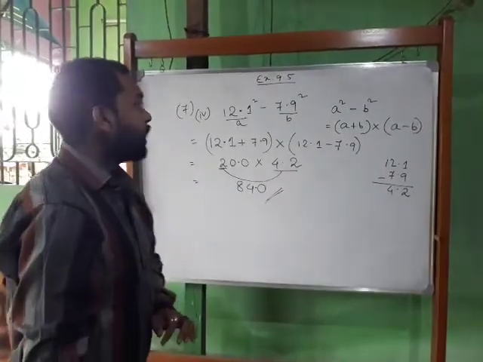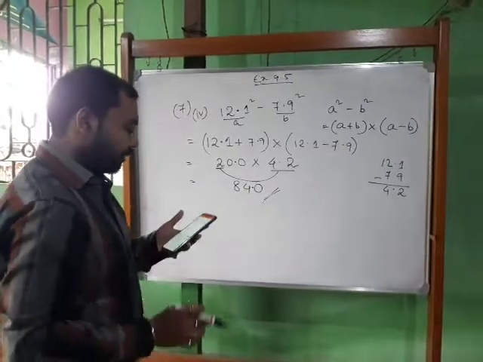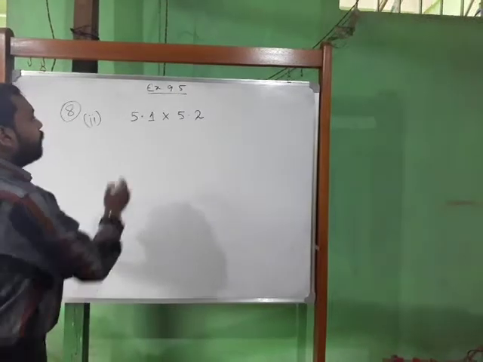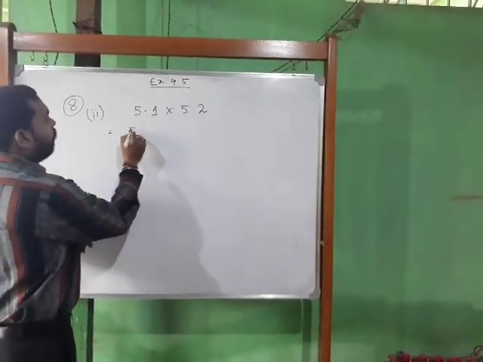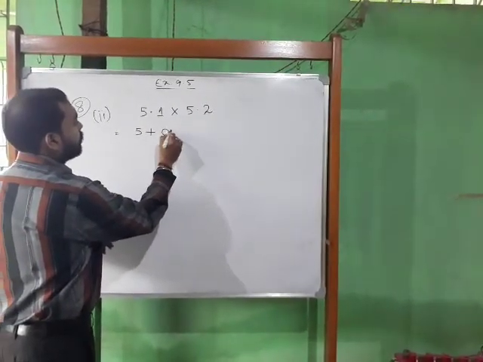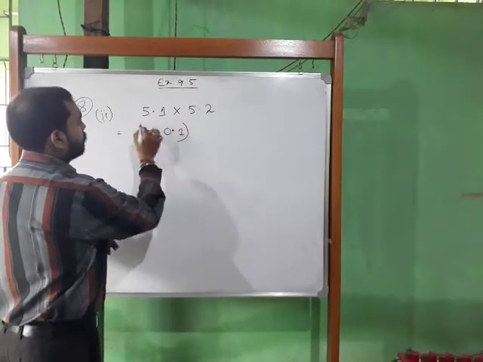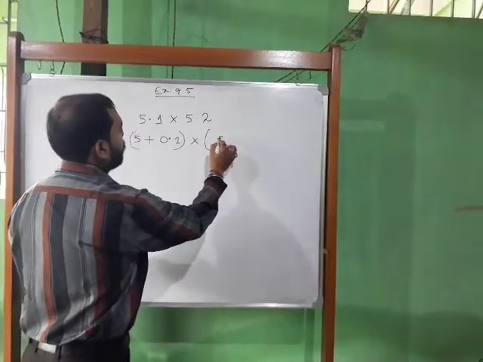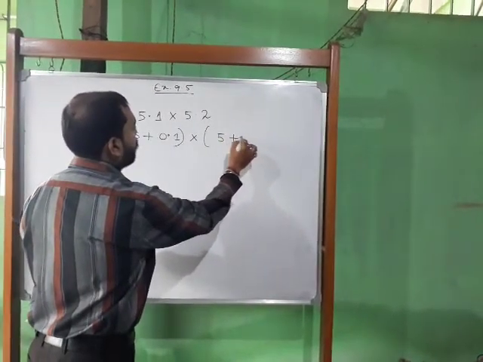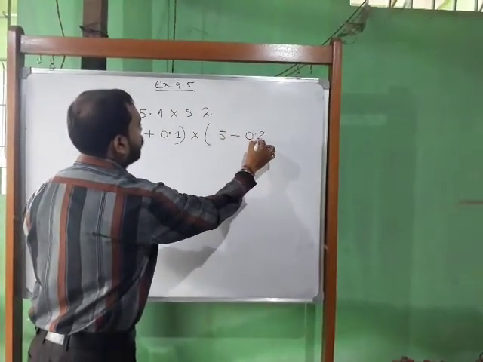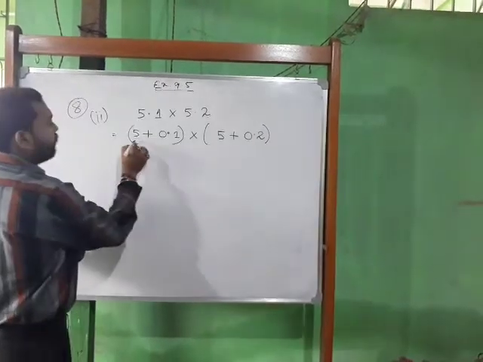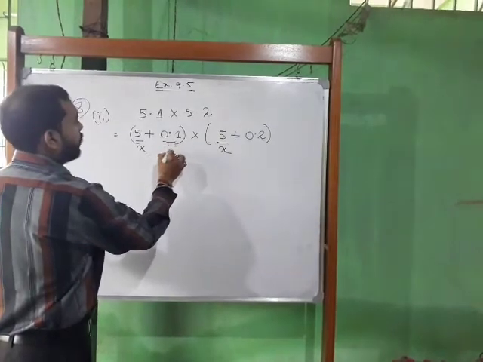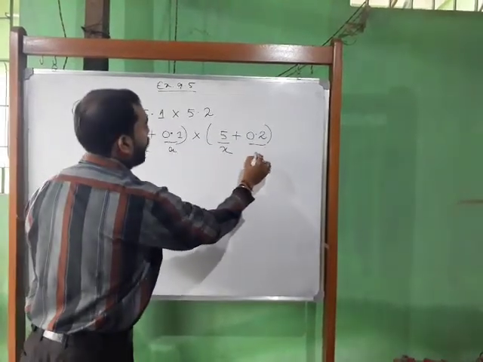Let us take one more example, question number 8. 5.1 we can write as 5 plus 0.1, into 5.2, which can be written as 5 plus 0.2. Now you see, this 5 we can take as x, 0.1 as a, and 0.2 as b.